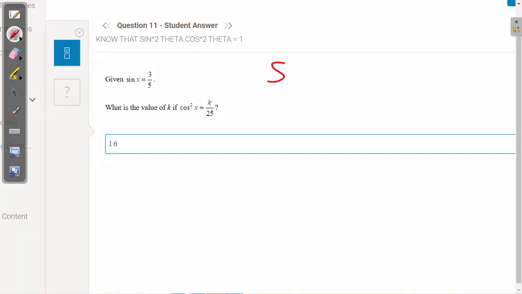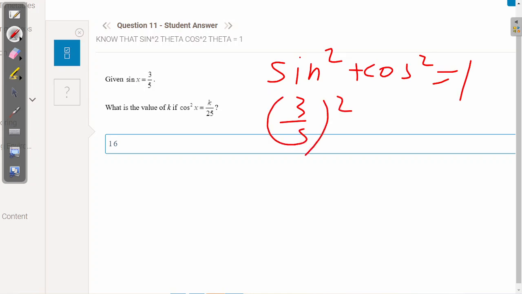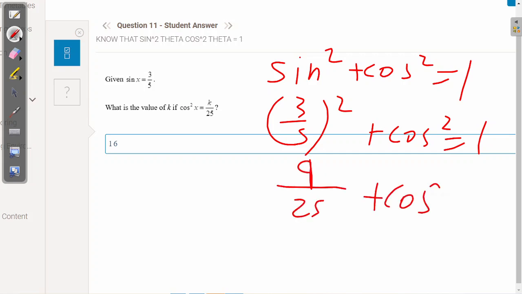Sine and cosine, what relates them is sine squared plus cosine squared equals 1. So 3 over 5 squared plus cosine squared equals 1. 3 over 5 all of it squared is 3 squared over 5 squared, so 9 over 25 plus cosine squared equals 1.